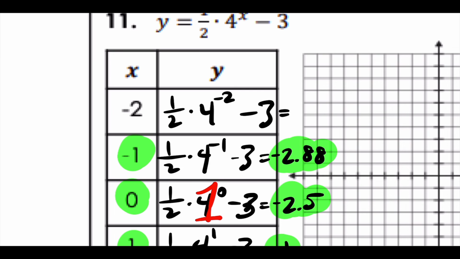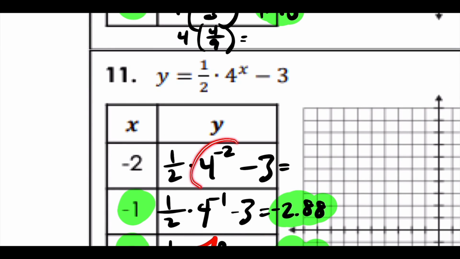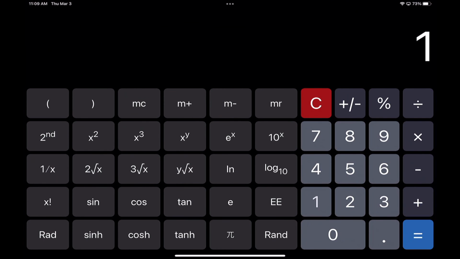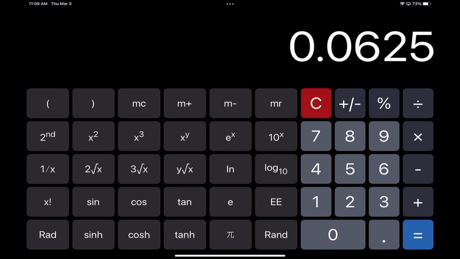Okay. Now this guy right here is to the -2 power. The -2 power means I flip it, but then it still has the squared, right? So that one's going to be 1 over 16. 1 divided by 16 is 0.0625.